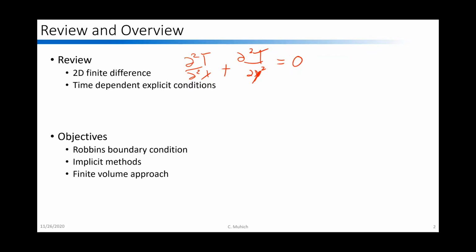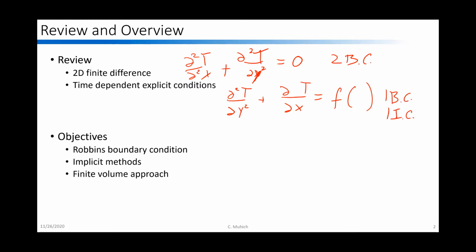Then we also considered time-dependent equations, with only one boundary value problem, so maybe dT/dy squared, and then one initial value problem, partial T partial x equals some function. So here we had two boundary conditions, and here we had one boundary condition and one initial condition. We talked about the differences using a finite difference approach.